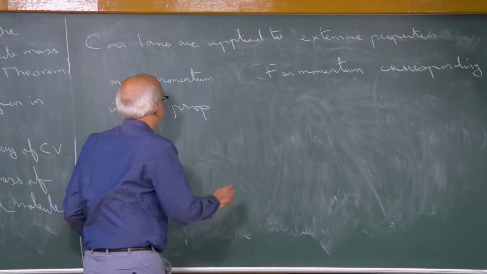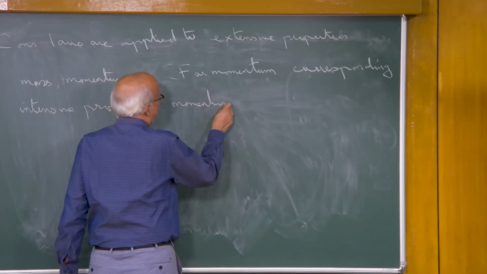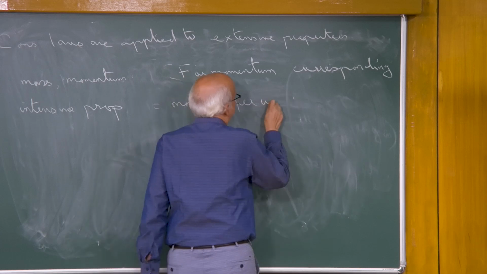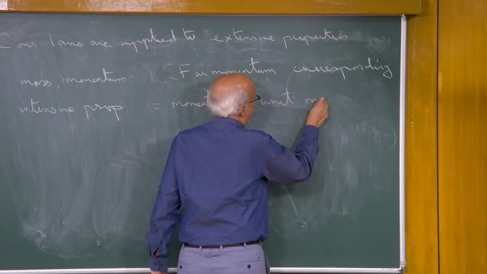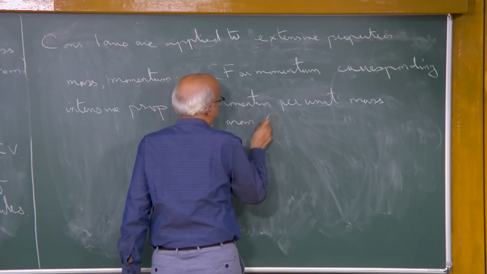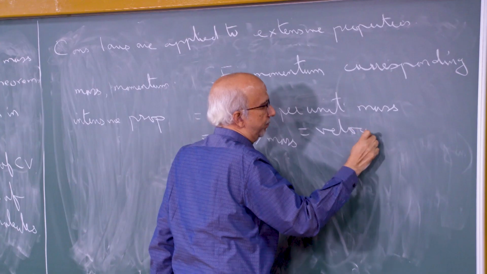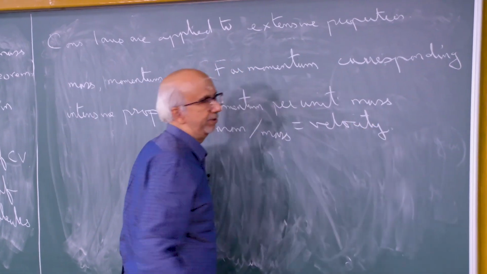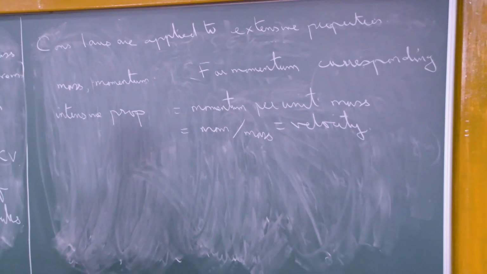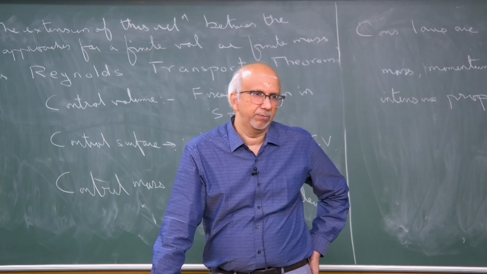So this is momentum per unit mass, which is momentum divided by mass, and that is velocity, okay. So the corresponding intensive property for momentum is velocity, that is independent of mass, okay.